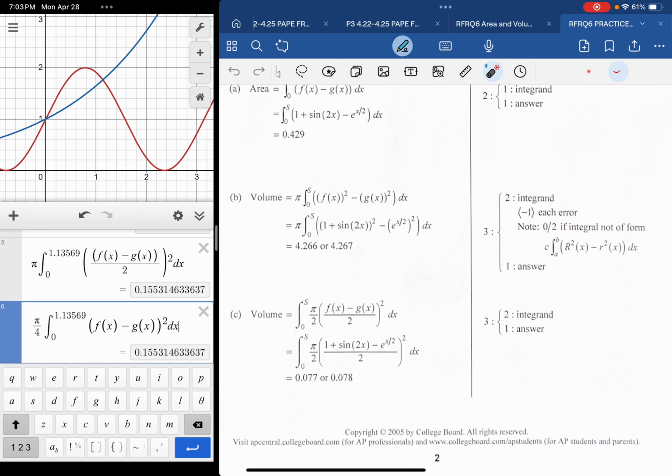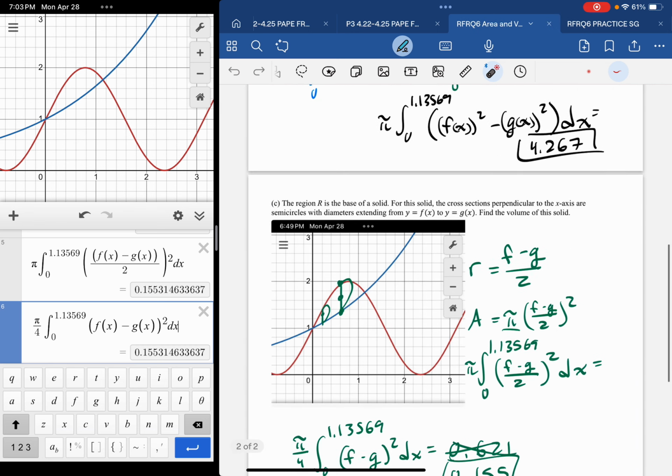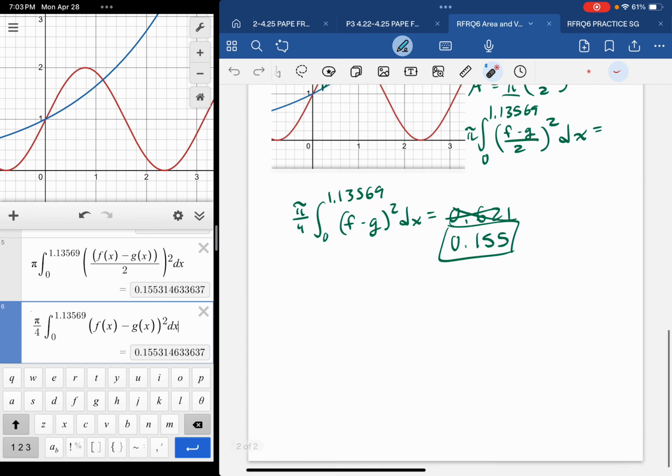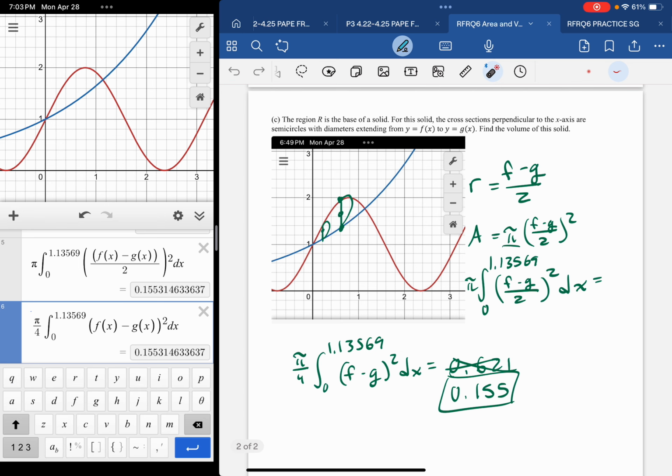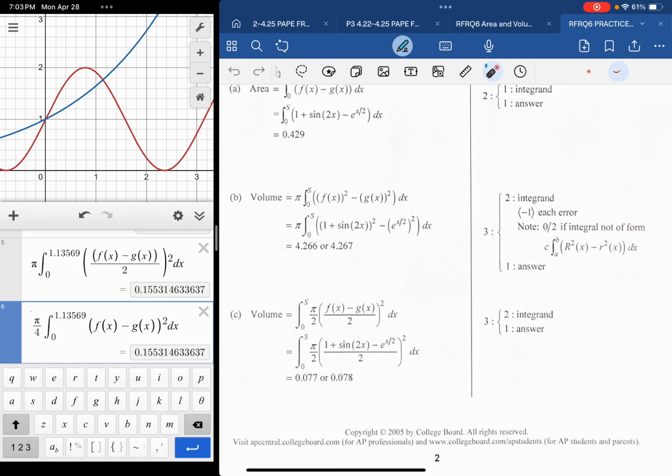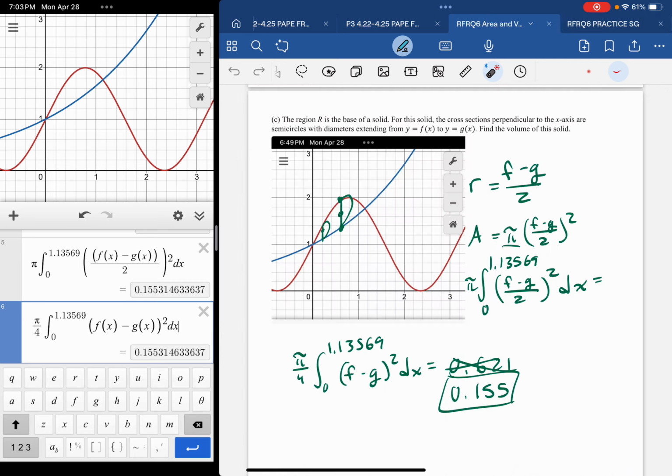0.077, and let's see what we got here. I have 0.155. Okay, let's try to figure out what I did wrong right here. Square that. Oh, so no, that's not right. Okay, so let's think about this for a second. It says for this solid, the cross sections are perpendicular to the x-axis.